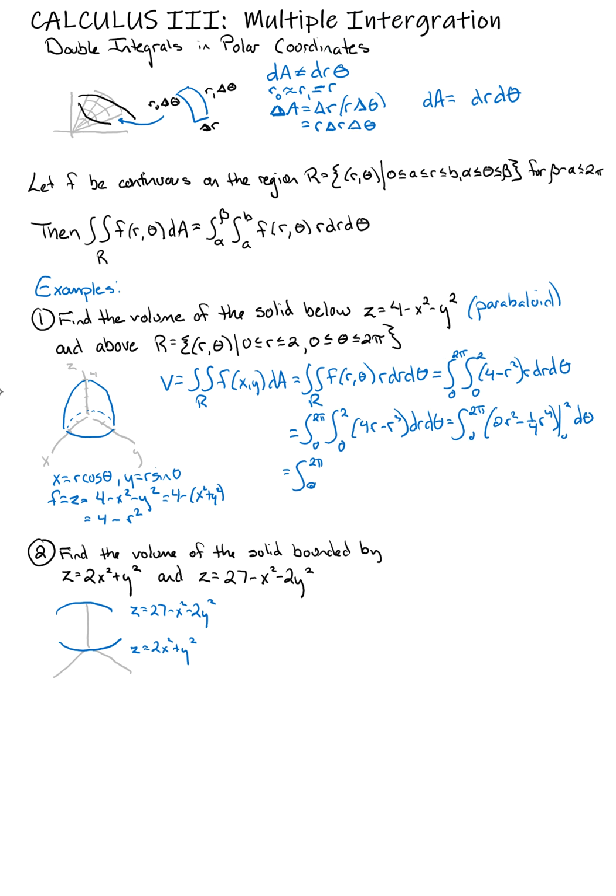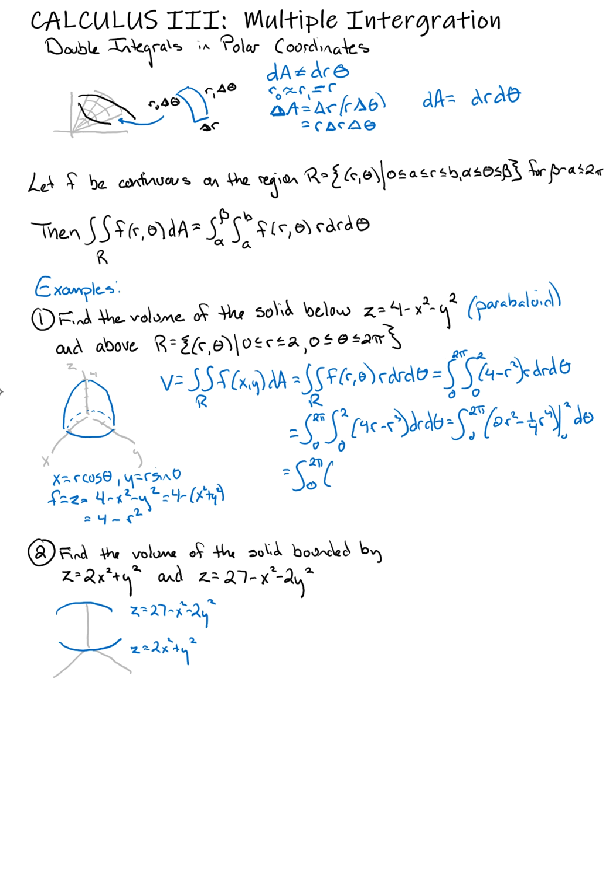Evaluating that, actually, I'll let you guys take a minute and go through that. Take your time with that. Feel free to write out as much as you need on this.